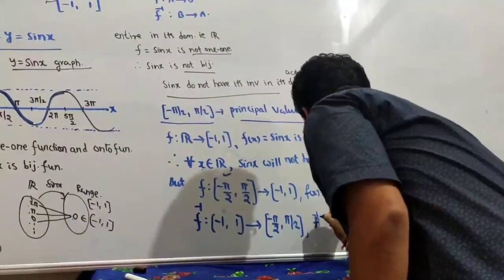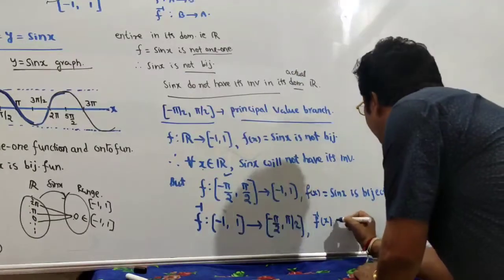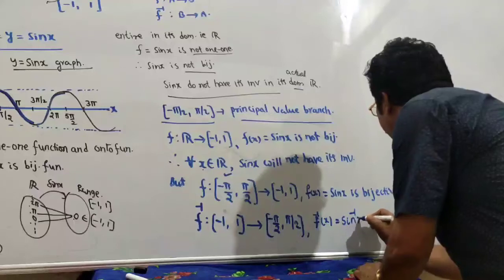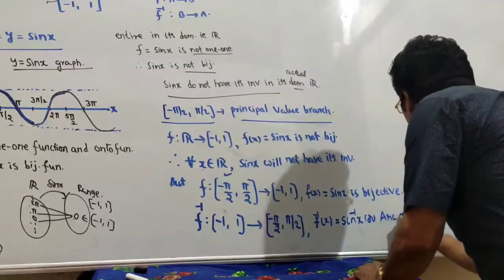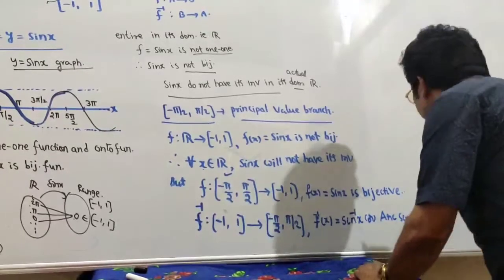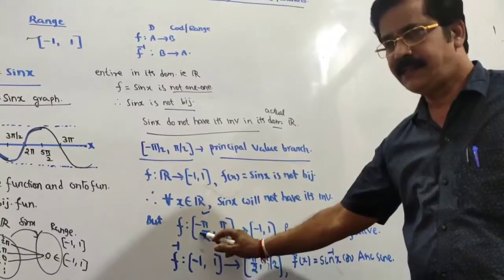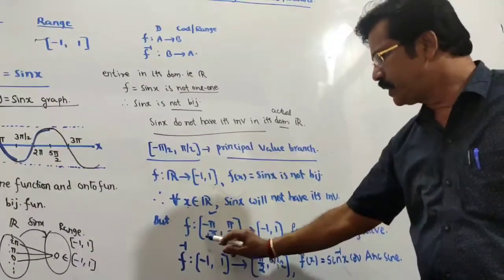Actually, the inverse function is denoted by sin inverse x or arc sine function. So therefore, in this area, this is the restricted area or principal branch.